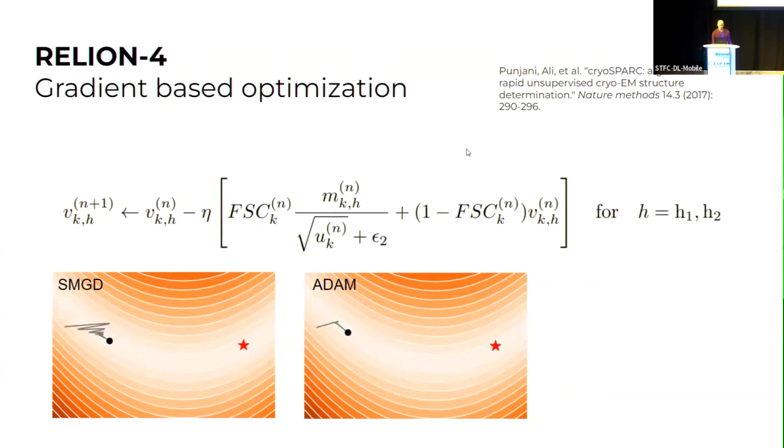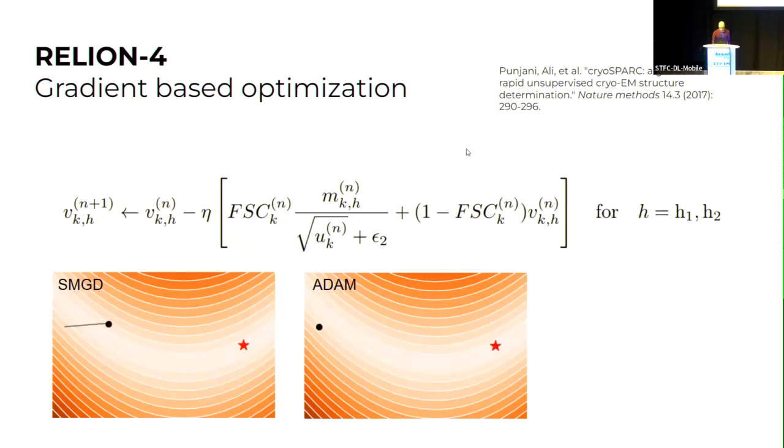Although this method has multiple benefits compared to the expectation maximization approach, which is the other very commonly used algorithm, there has so far not been a very certain way presented to regularize reconstructions using this algorithm, other than perhaps heuristics. And we don't really know exactly how they do this in CryoSPARC because the code is closed.